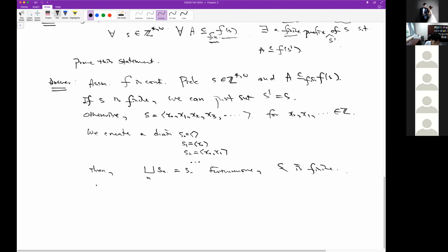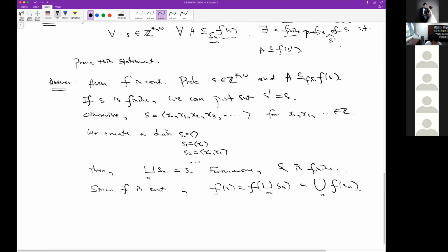Okay, now we use the continuity. Since f is continuous, because of continuity we can take this least upper bound out. Because the output is a set, f of S is going to be the union over n of f of Sn.